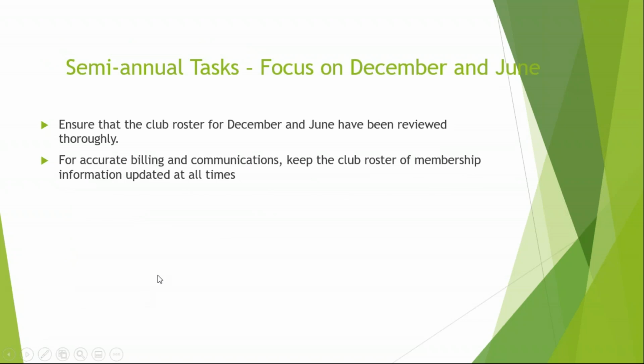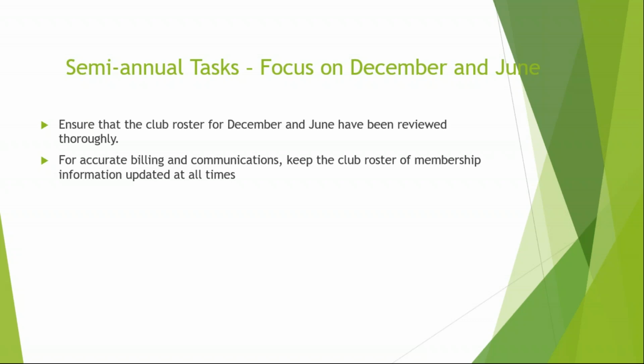You have some semi-annual tasks that involve the membership. You've got December and June. Ensure that the club roster for December and June has been reviewed thoroughly, because you will have to account for whatever the numbers are on July 1 and January 1.